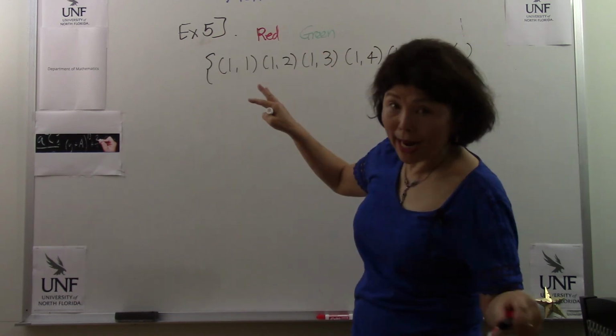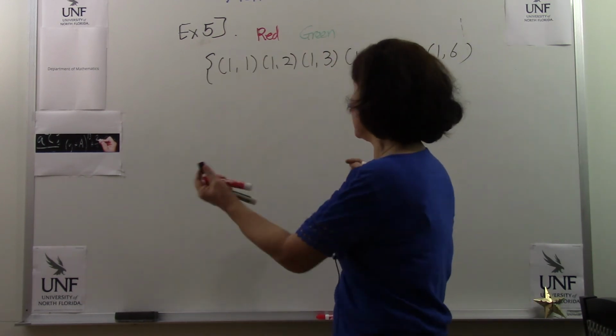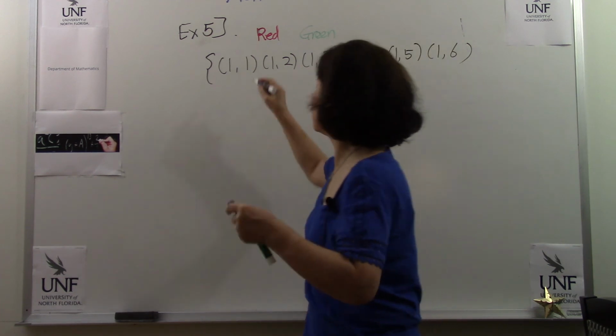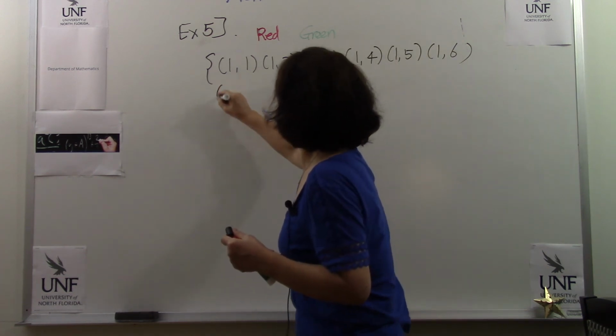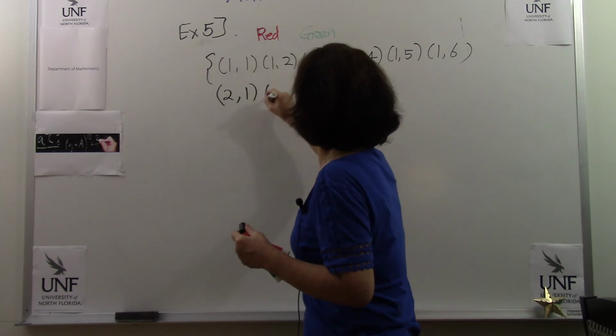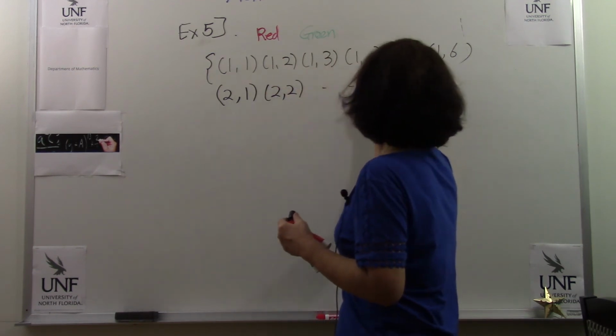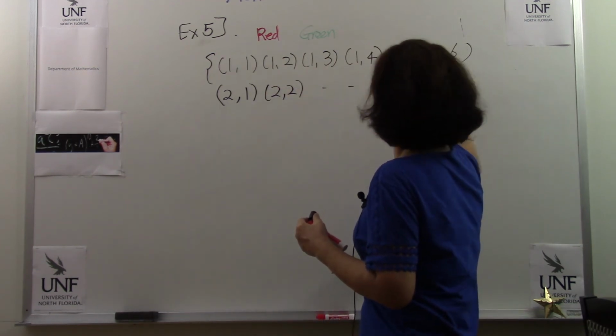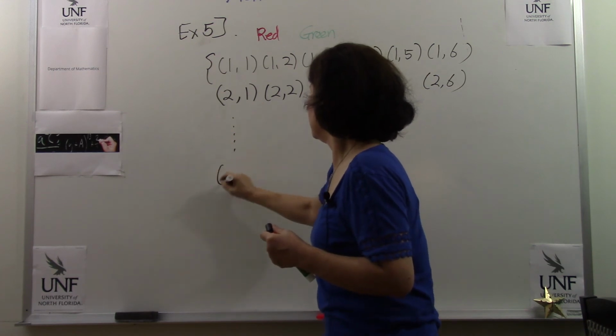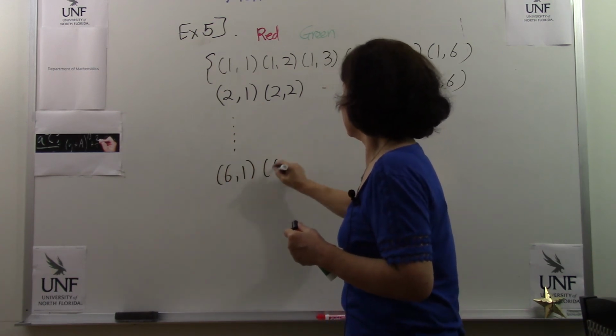We organize it like this so that we do not skip anything and we do not repeat anything. So this one, 2 1, 2 2, through 2 6, and so on until 6 1, 6 2.